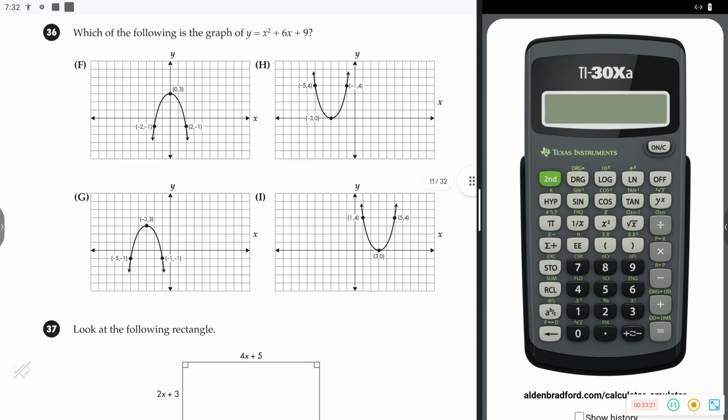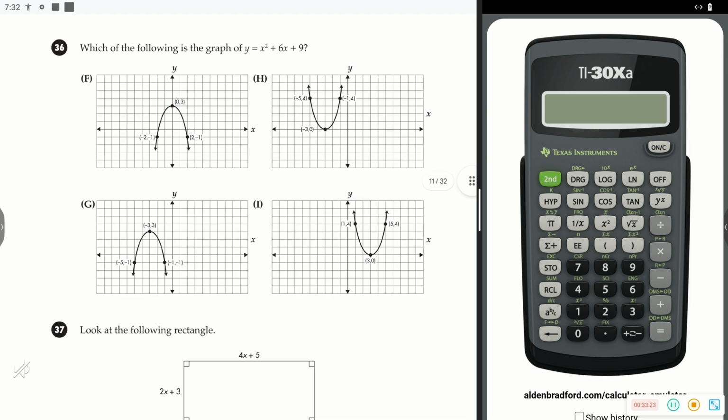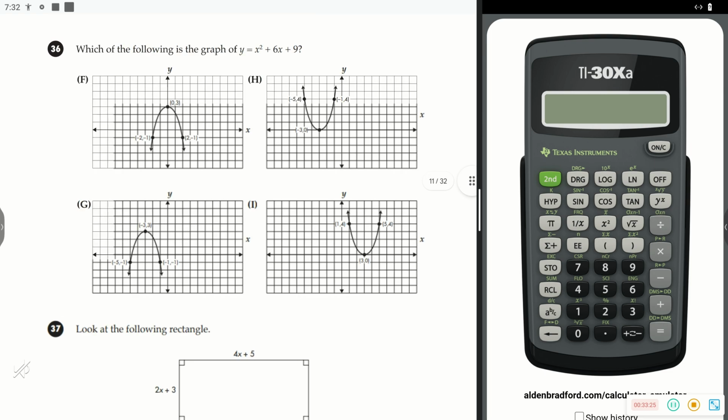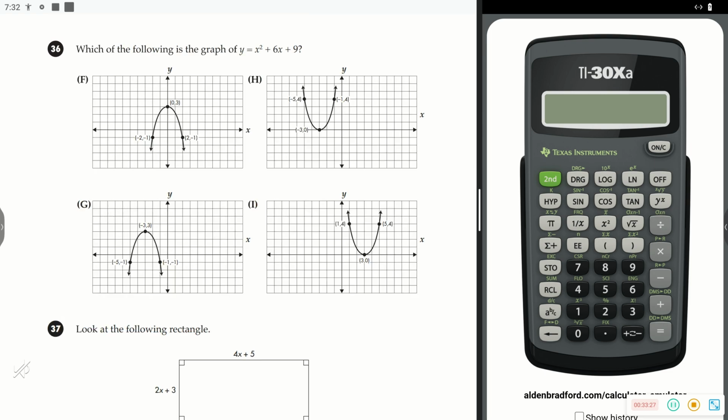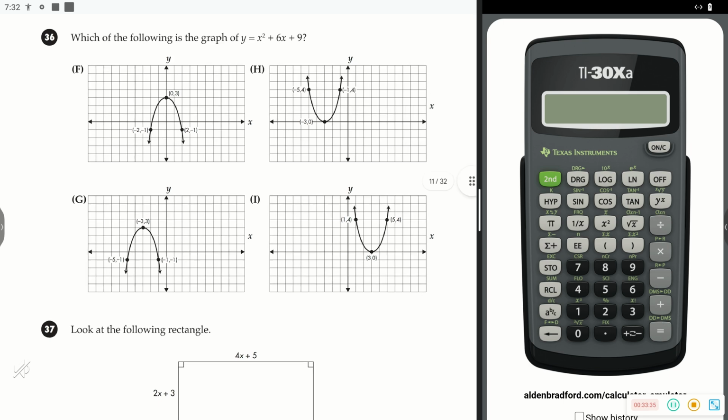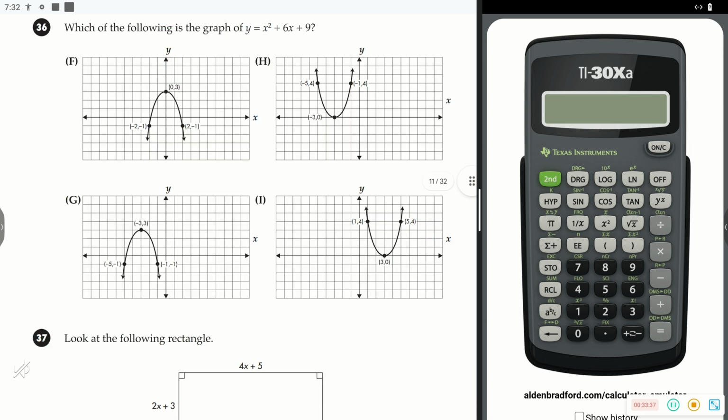Number 36. This is a really good question. I didn't like the last question that much. This question I like, so make sure you understand how to do this one. So whenever you look at this, you have to realize this is a quadratic equation, and it is in standard form. So standard form is y equals ax squared plus bx plus c.